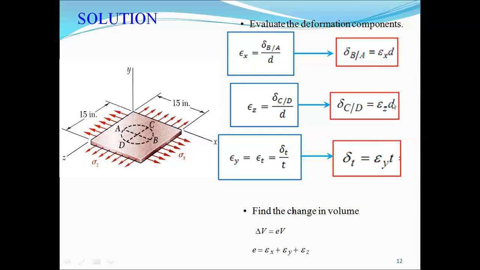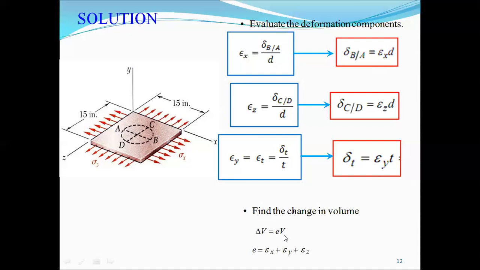The diameter of the circle and the thickness of the material are given, meaning that in order to find these deformations, the change in length AB, the change in length CD, and the change along the thickness, we have to find epsilon x, epsilon z, and epsilon y. Similarly, the change in volume is equal to dilatation times original volume.